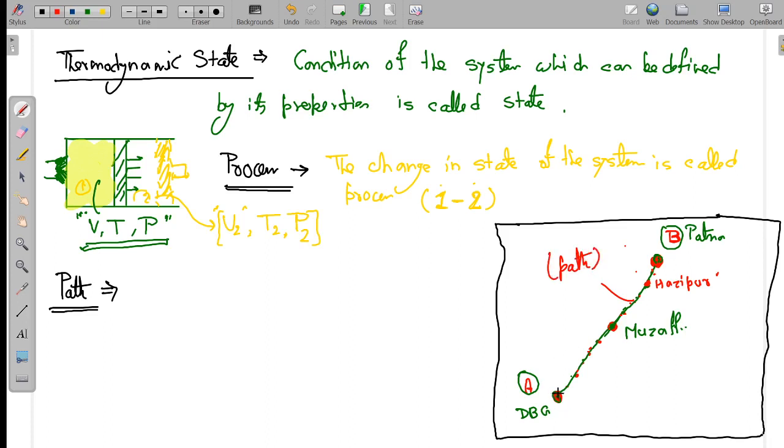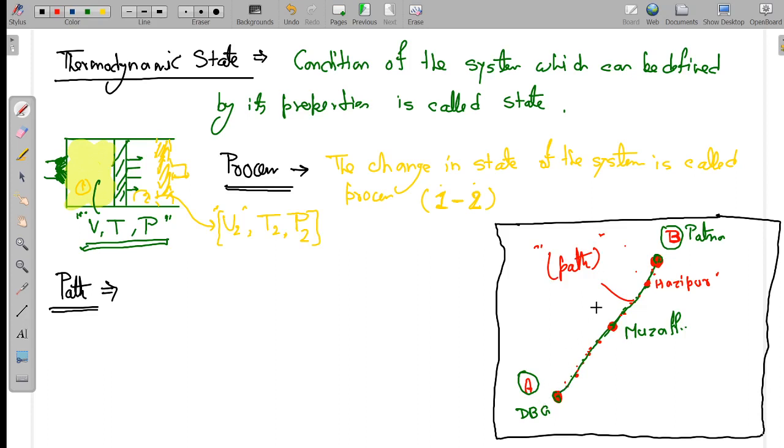For going from state A to state B, I have crossed a number of states, like Muzaffarpur, Hajipur, or Vaishali. So when I join this series of states, the curve which I get is called my path. This path I have followed during this process A to B.